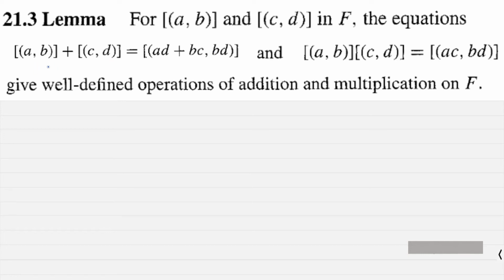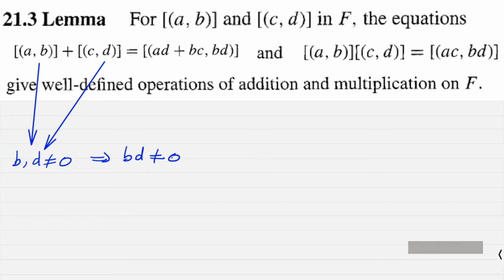For we have the equivalence class of ordered pair (a, b) and the equivalence class of ordered pair (c, d) are elements of F, which implies that b and d are not equal to 0. Since capital D is an integral domain, we must have bd not equal to 0. Hence, we can see that the sum and product of the elements of capital F are again in capital F.